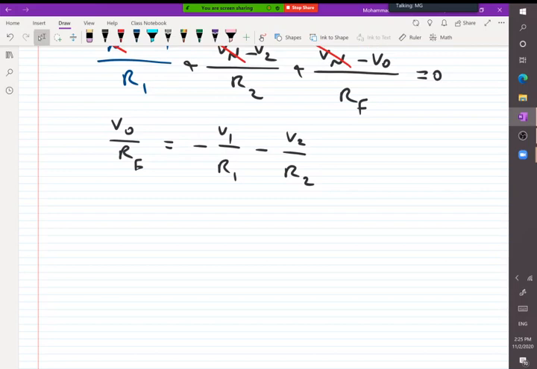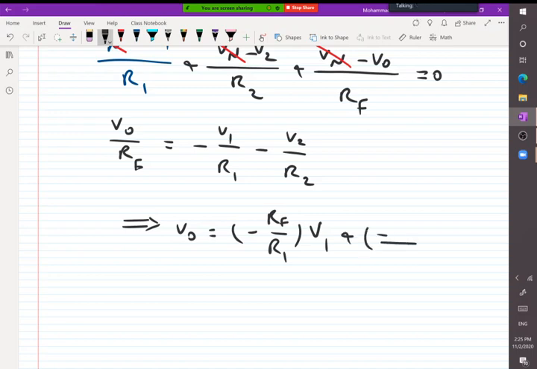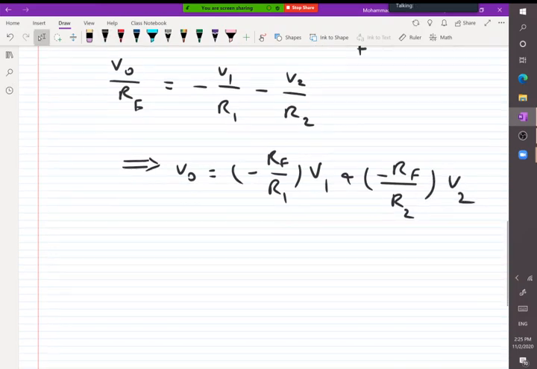Or we can say Vo is equal to negative Rf over R1 times V1 plus negative Rf over R2 times V2.